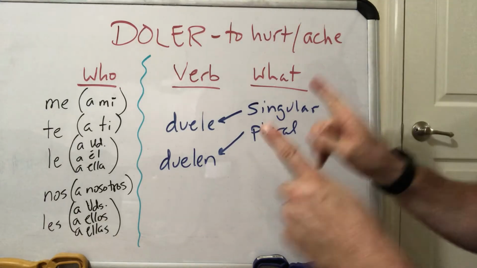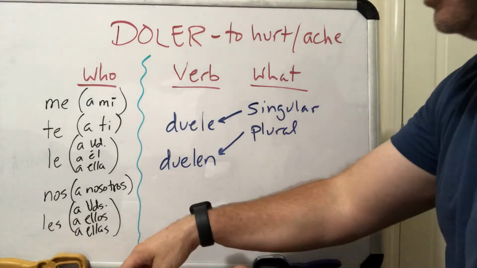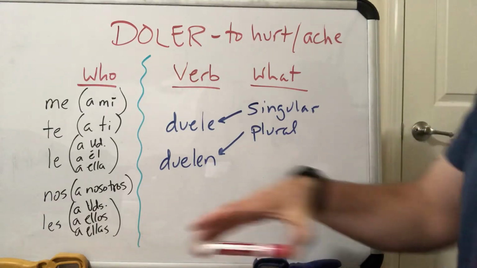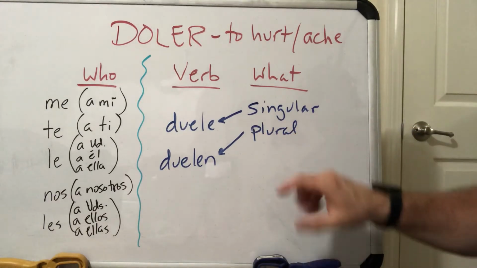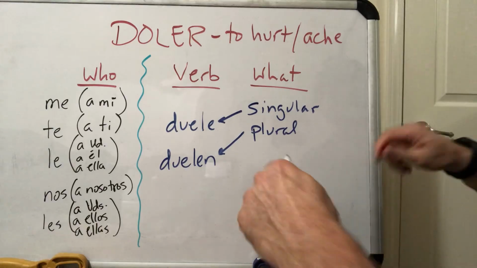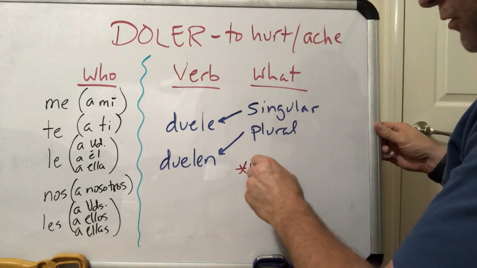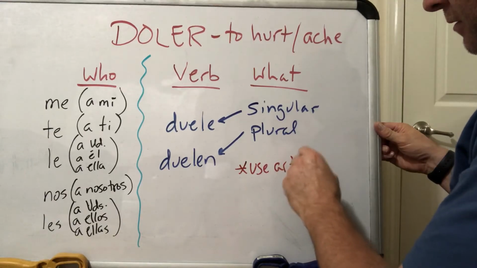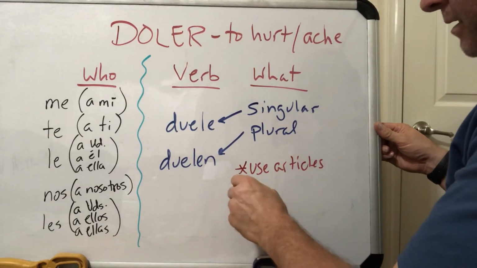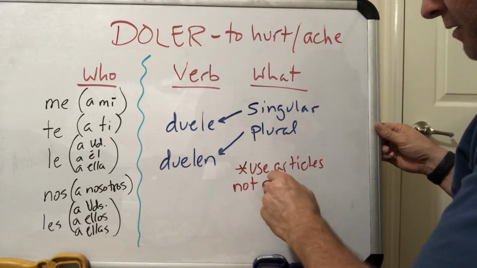Now, just a little difference between Spanish and English is that when we talk about the what, we use articles, not possessive adjectives.